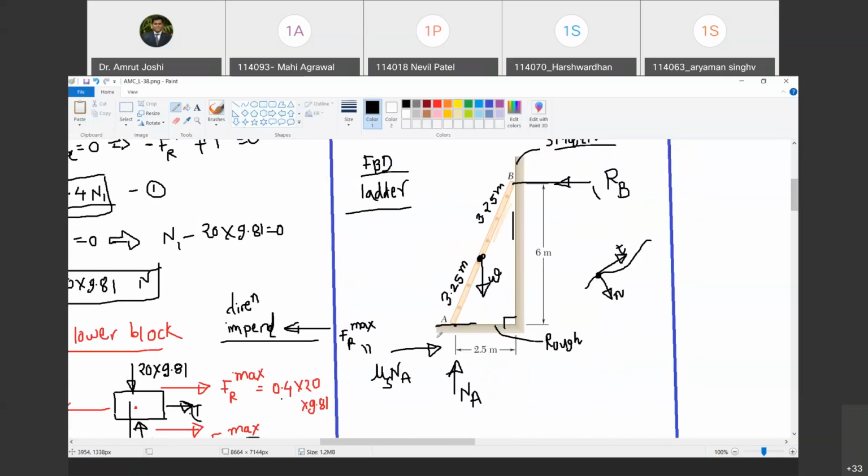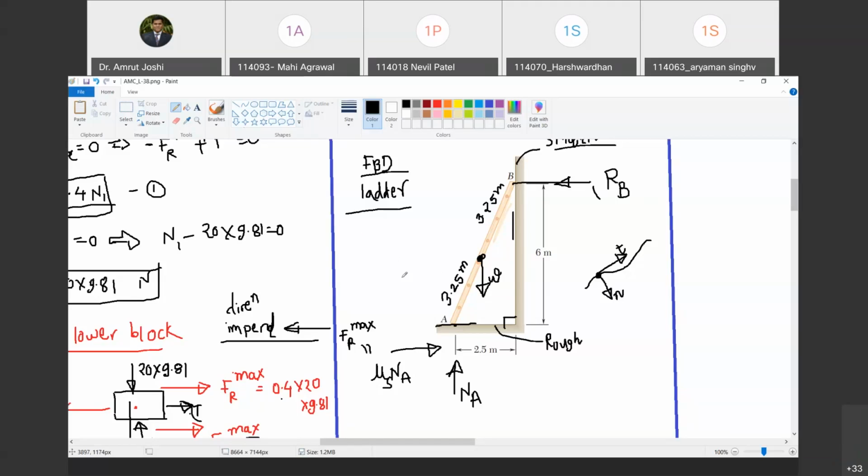If mu(s) is very large, there is no motion at all. As mu(s) keeps decreasing, at a particular value of mu(s) this ladder is about to slide. That value of mu s I have shown here. So this itself is the minimum value of mu s at which the motion is impending.